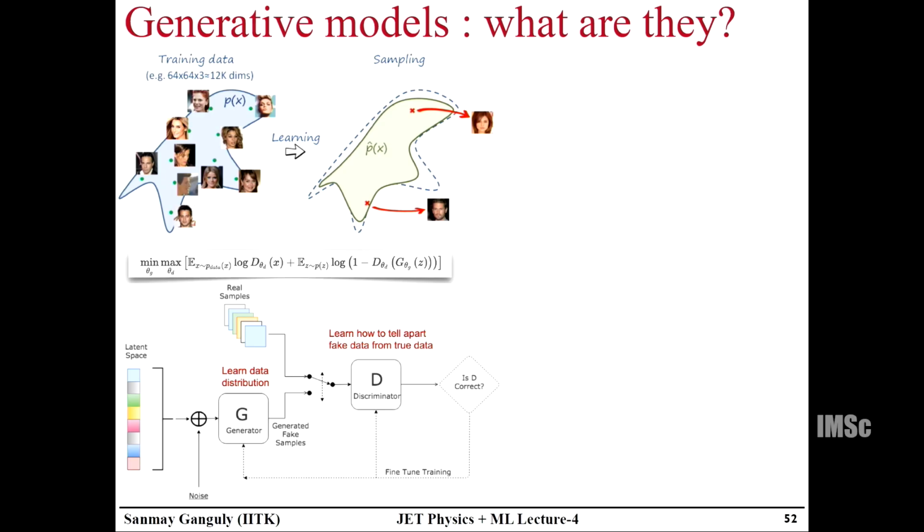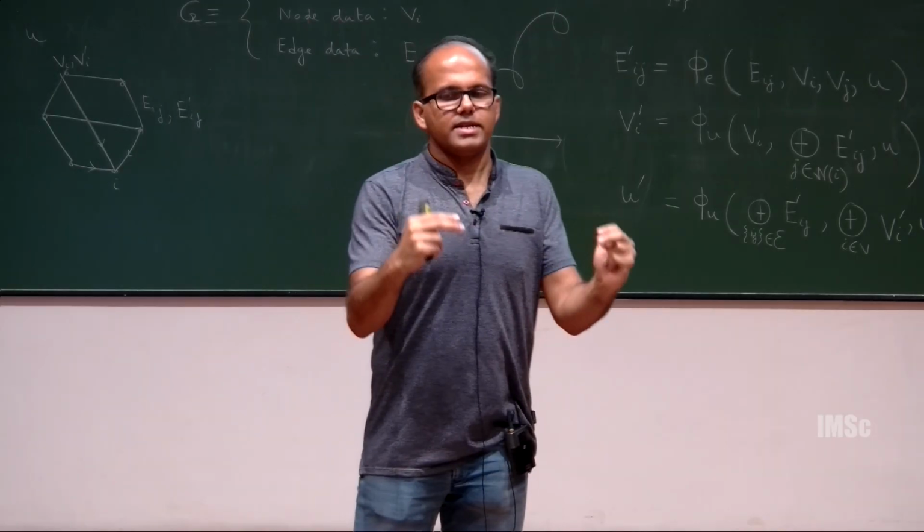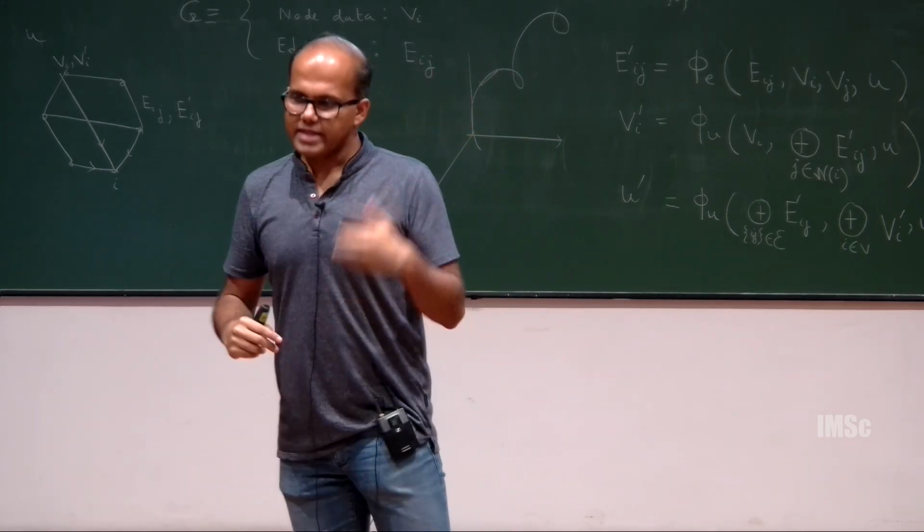And then, once the discriminator can find out which one is real data and which one is fake data, it passes that information to the generator, and the generator tries to improve its performance by producing fake data more accurately, so that this newly updated fake data looks more and more realistic. That's the task.